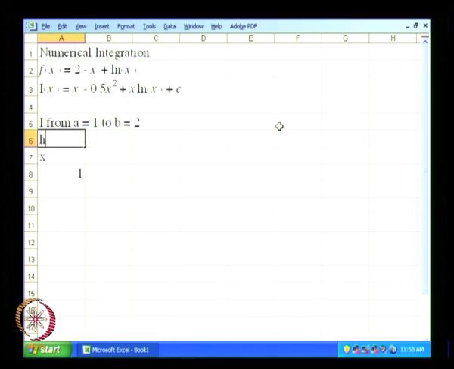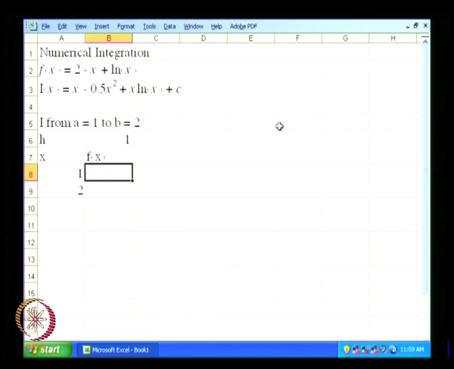So let's write down h over here, and h is going to be just equal to 1. So our next value is going to be the previous value plus the value of h. Okay. And then we will put dollar signs over there. And then let us compute f of x.